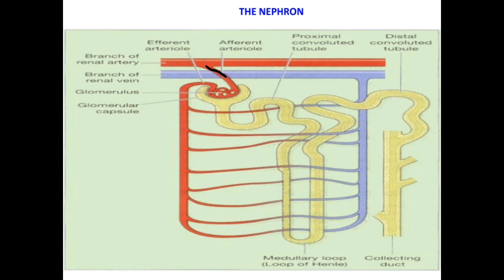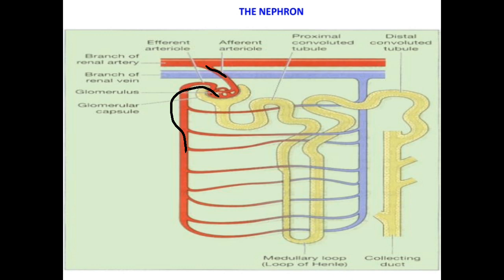The Bowman's capsule and the glomerulus are made in such a way that they have a semi-permeable membrane. It will allow some substances to pass through and go into the Bowman's capsule, while larger particles such as glucose, proteins, blood cells, and medicine will remain in the general circulation, which will be carried down into the efferent artery.